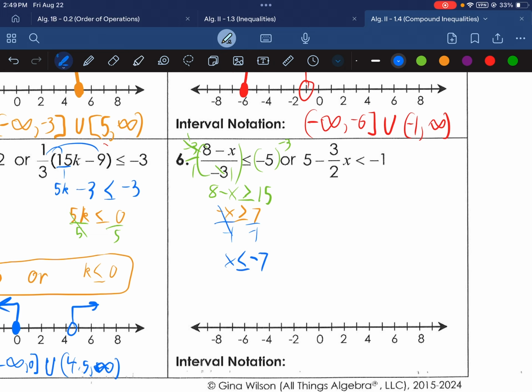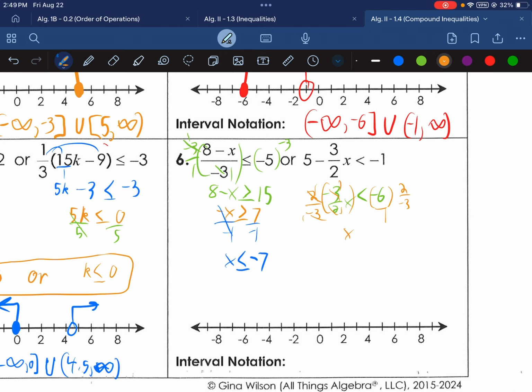On the other part, we subtract 5 first, and we have negative 3 over 2x is less than negative 6. I will now multiply by the reciprocal to undo this fraction, and that would be 2 over negative 3, and we get x on the left.